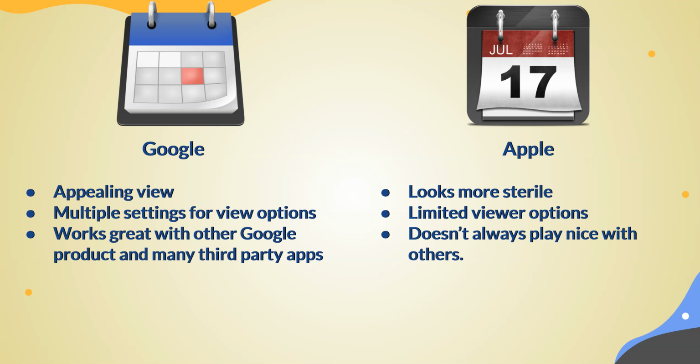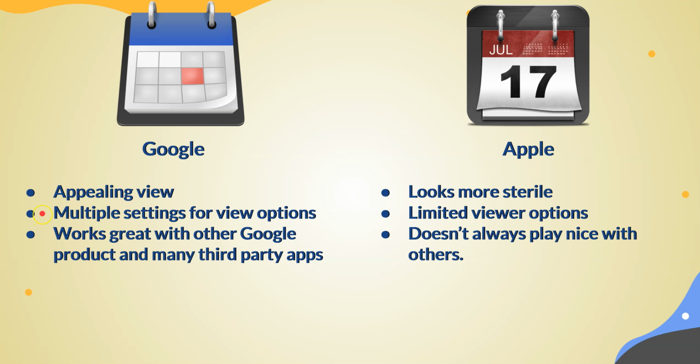It seems a little more user-friendly and also a little more appealing to look at. As far as Apple's, on the phone and on the computer, it looks a little more sterile. You can obviously tell that they've streamlined it to look more business-like, but at the same time, it's not near as friendly looking as the Google product.